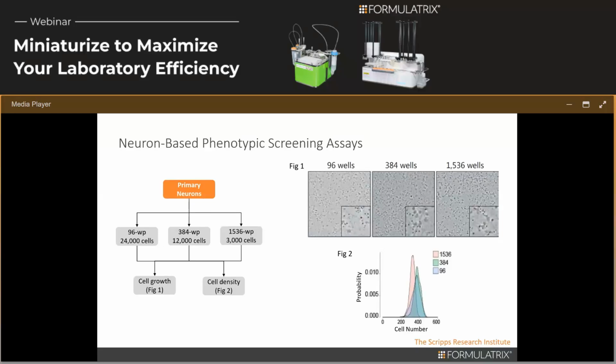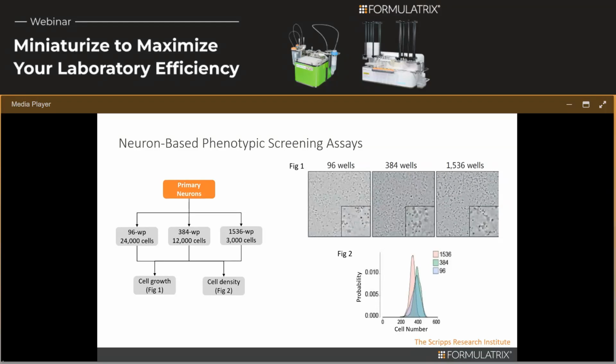The researchers at Scripps Research Institute were previously using 96 well plates for culturing neuron cells. They used to seed cells with an automated liquid handler. As they planned to miniaturize the assay for higher throughput, the liquid handler they were using was not compatible with 1536 well plate, so they switched to using Mantis.